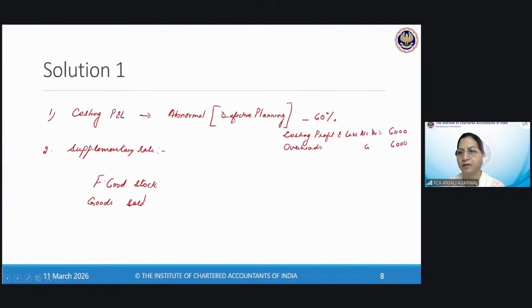Costing P&L account debit to overheads. The remaining 4,000 will be borne by 40,000 units. So the supplementary rate is 0.10 per unit.